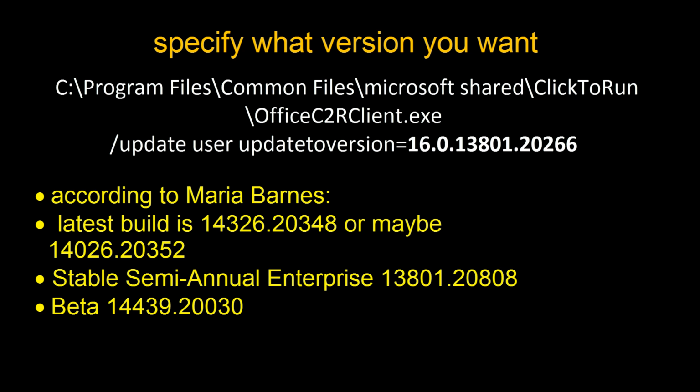People don't normally think that way though, Kent. I mean, that's all very well, 16.0, blah, blah, blah. Most people want to know, is it 2019? Is it 2016? When you go and have a look at the build numbers and the version numbers in Microsoft, they neglect to tell you the 16.0 point. They just give you the last bit. And it took me a little while to figure out you had to put the 16.0 in front of it.